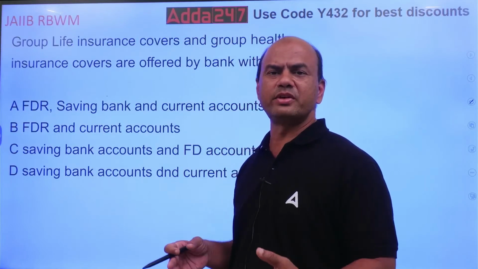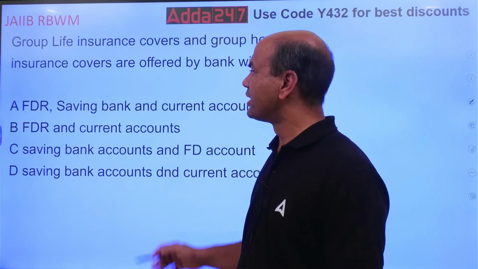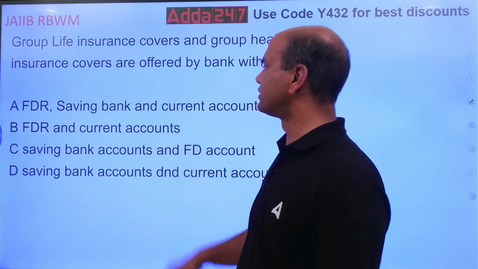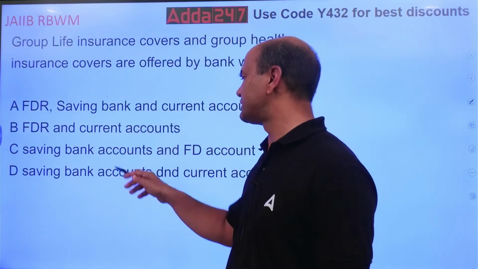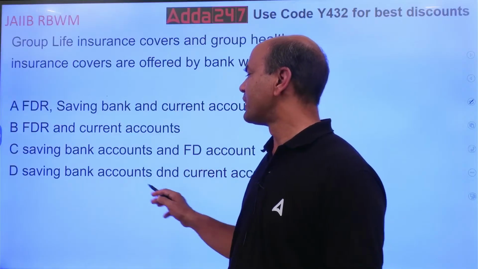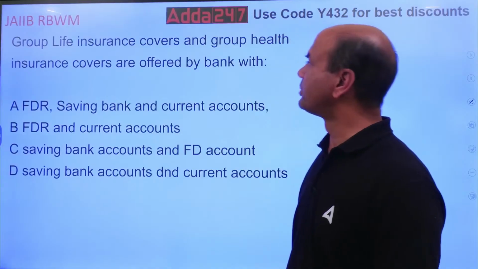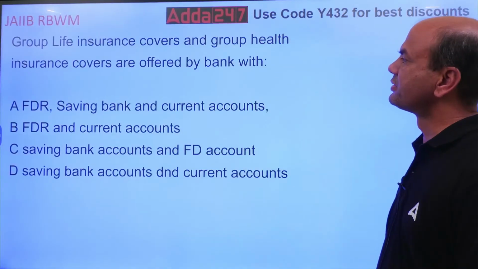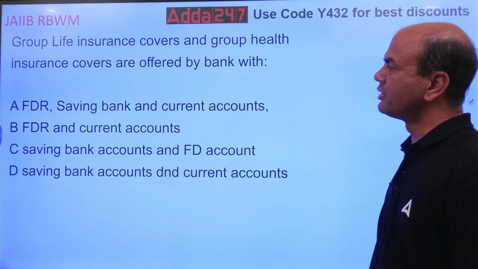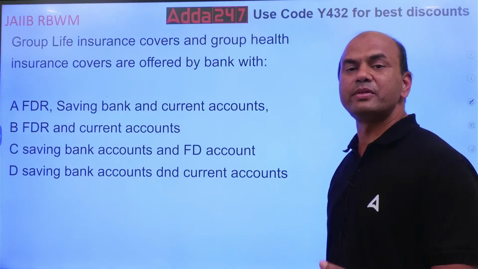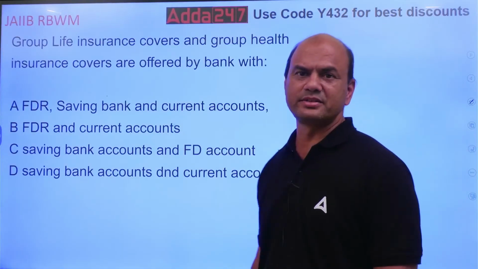Generally group life is given to the bigger companies. FDR, savings and current accounts. So group life insurance is offered by the bank with savings bank accounts, FD accounts and current accounts. It's basically a free privilege offered by the banks nowadays.